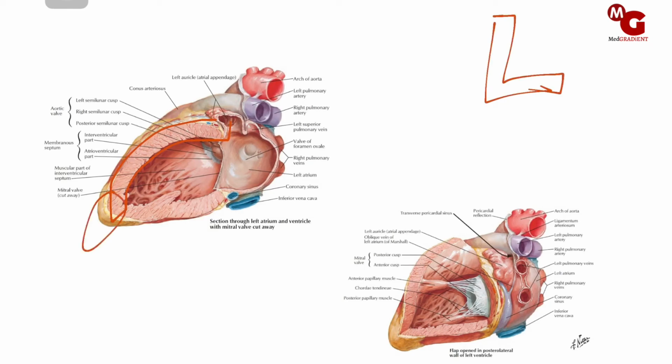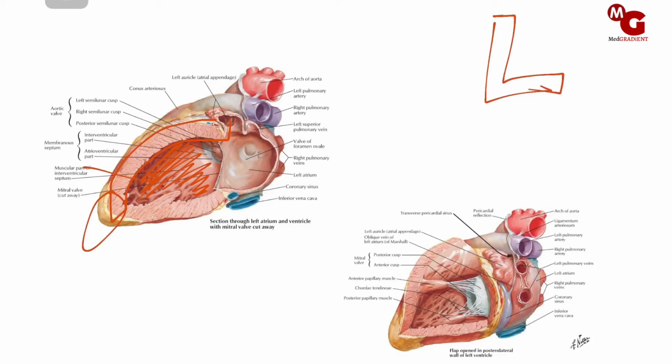And this has to be the apex of the heart. They are the papillary muscles over here, and this is the septum, the interventricular septum, which is towards the ventricle of the other side. And there is something called the trabeculae carneae.